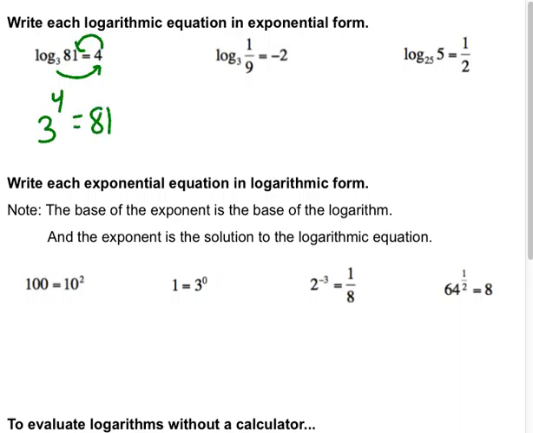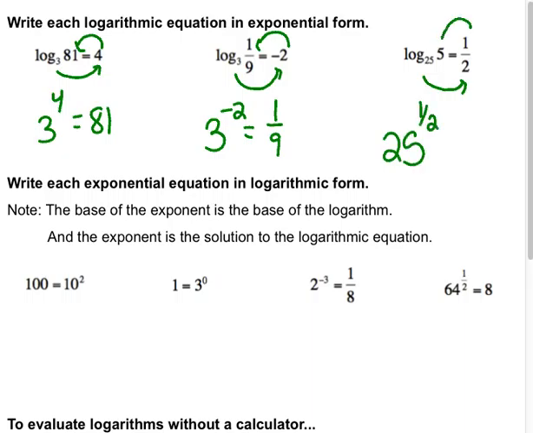That's all you have to do when you're trying to write it as an exponent. 3 to the negative 2 equals 1/9. 25 to the 1/2 equals 5. I know it's cheesy, but I remember it 10 years later, so it must have worked when it was explained to me that way. Just think Mr. Loopy, you're looping around.